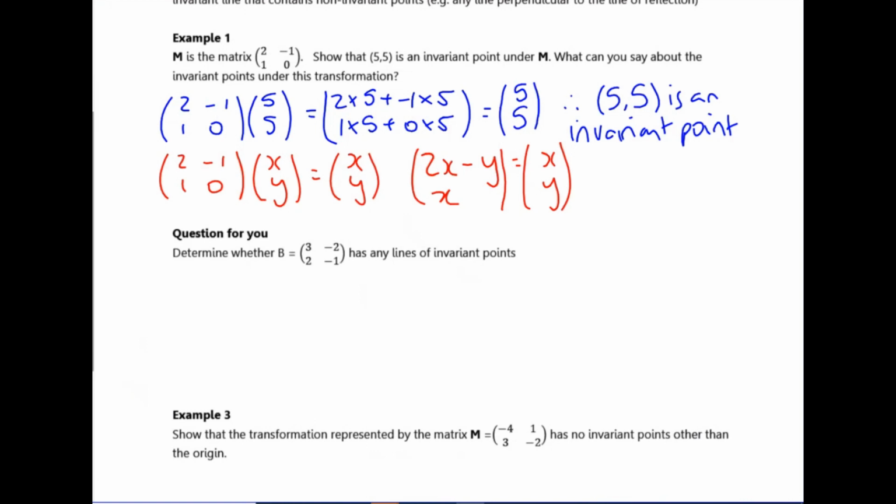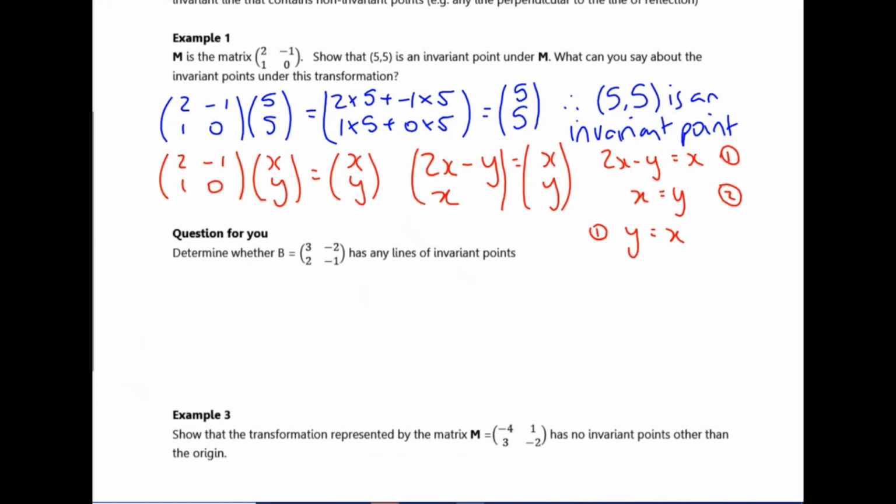This gives me two simultaneous equations. So I get 2x minus y equals x. And from the second one, I get x equals y. If you tidy the top one up, so that's equation 1, but add the y across and minus the x across, I also get y equals x. Okay, so remember, these are what we call consistent equations.